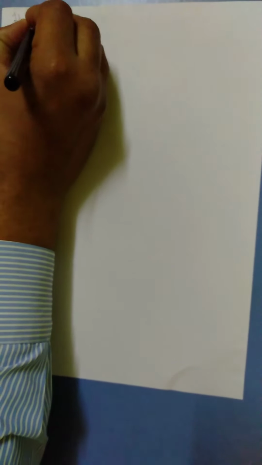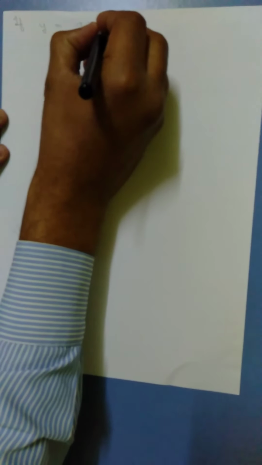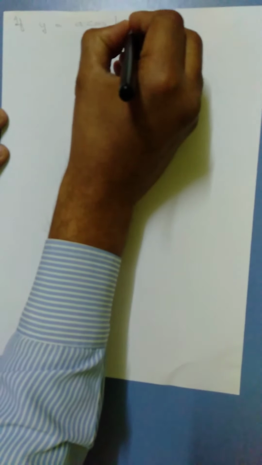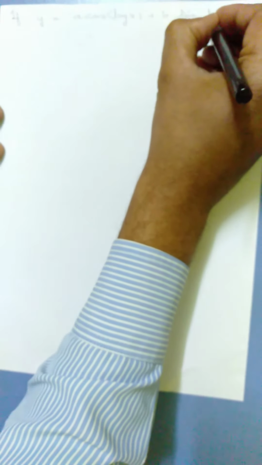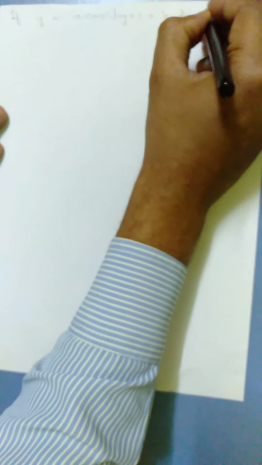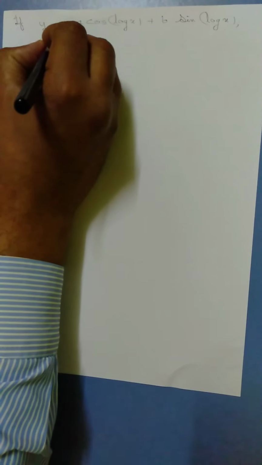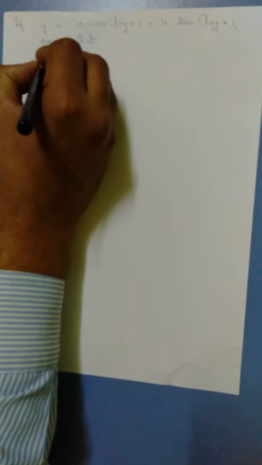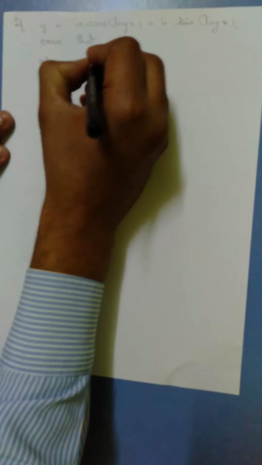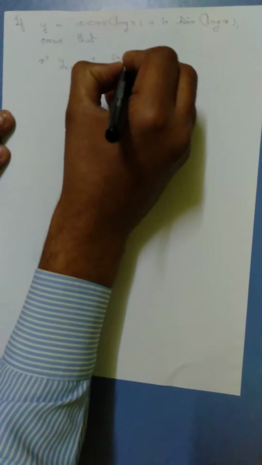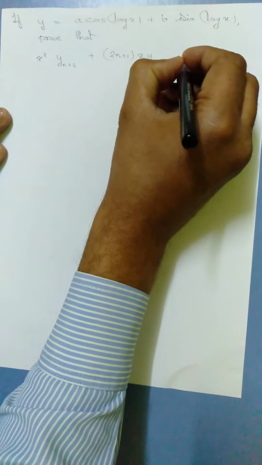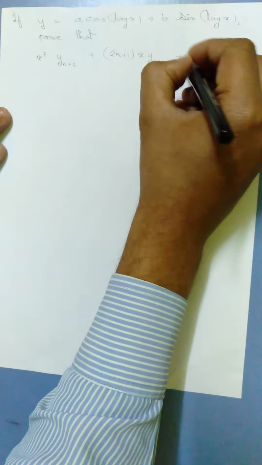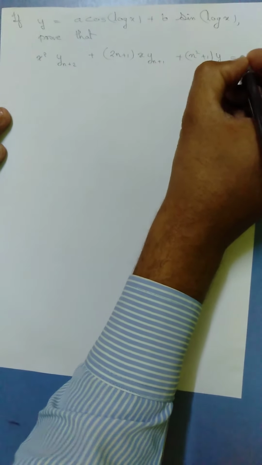If y equal to a cos log x plus b sine log x, prove that x square y n plus 2 plus 2n plus 1 x into y n plus 1 plus n square plus 1 y n equal to 0.